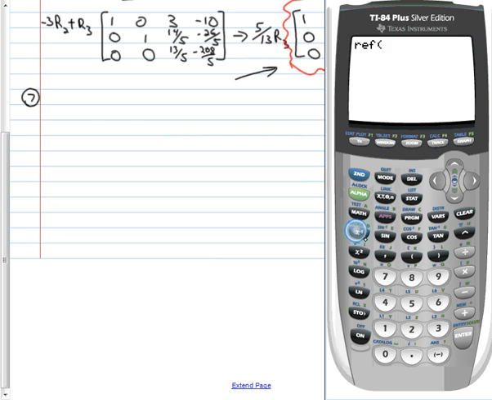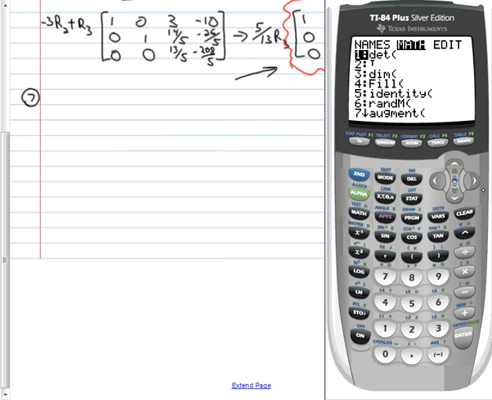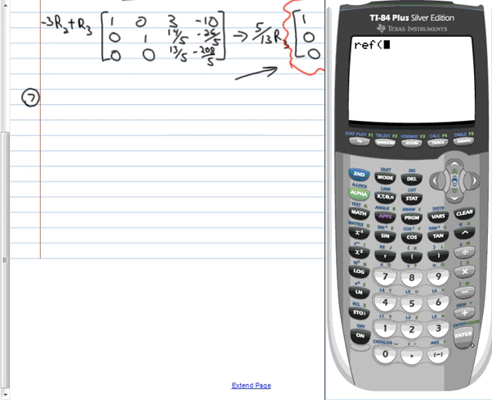Row echelon form of my matrix A. I should have done fractions, even though we know what that fraction was. Matrix. Math. And I'm going to go the other way. Look at that. There it is. Row echelon form. Matrix A. And I want it to come out as a fraction.